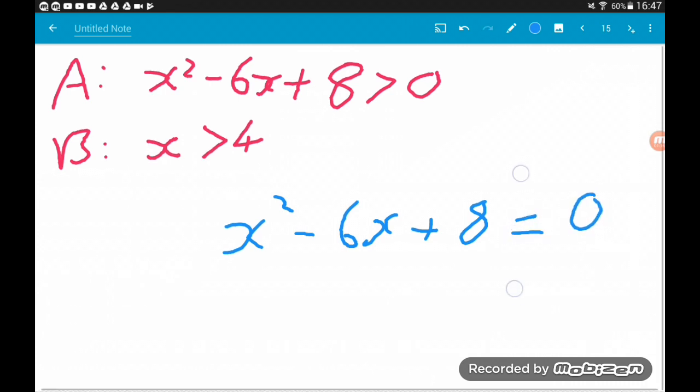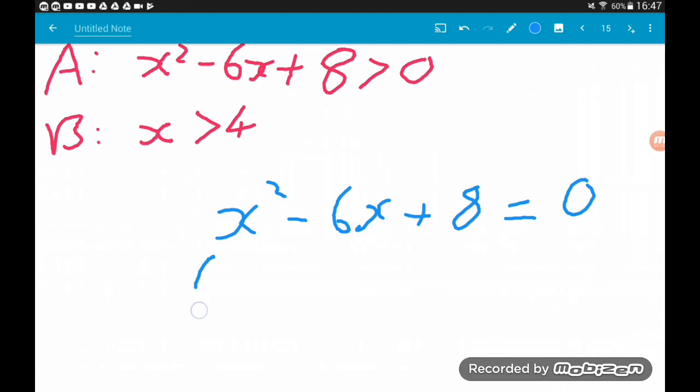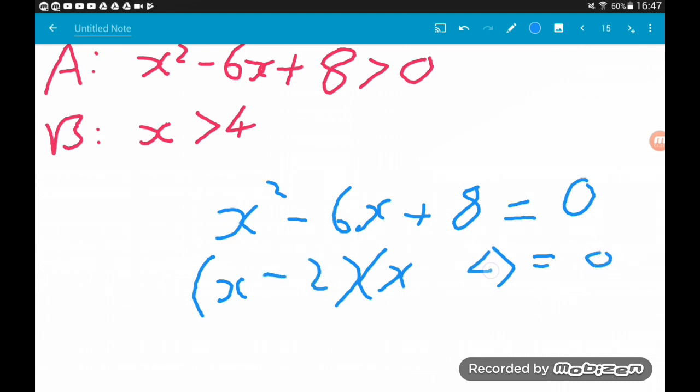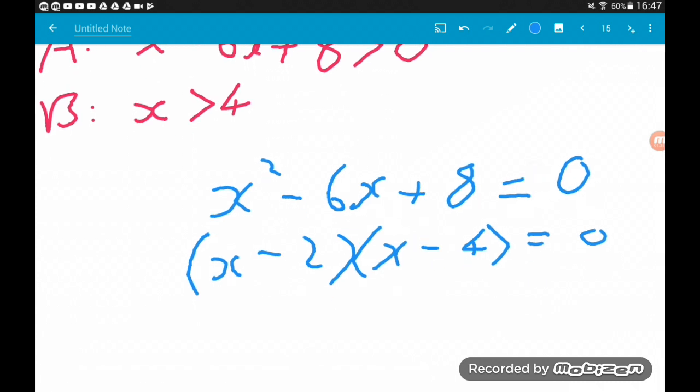To do that, we want to factorise. So we're going to get x minus 2 and x minus 4, which gives us solutions of x is equal to 2, x is equal to 4. So remember what we found there is the coordinates on the x-axis where the graph cuts it. So where the graph is equal to 0.